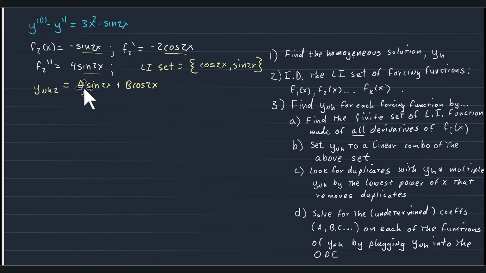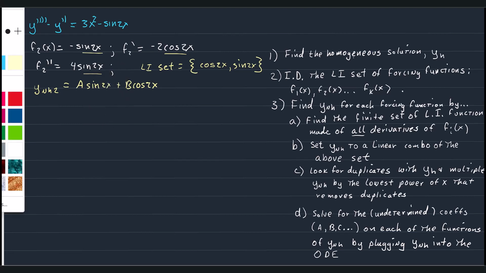So we can proceed. We have two coefficients, a and b, and now we have to solve for these undetermined coefficients, again by plugging this into our equation and then solving for the coefficients.